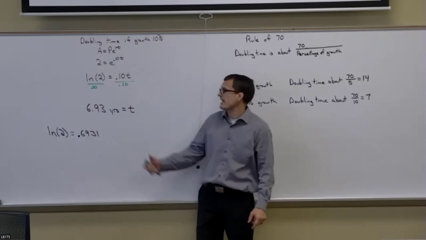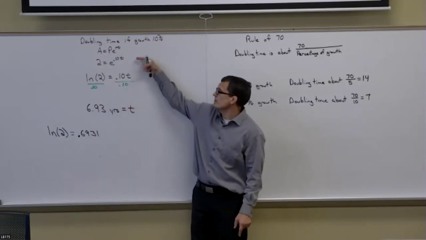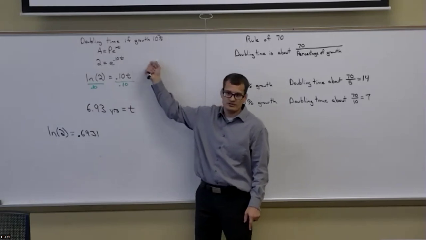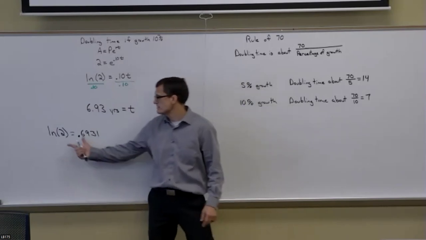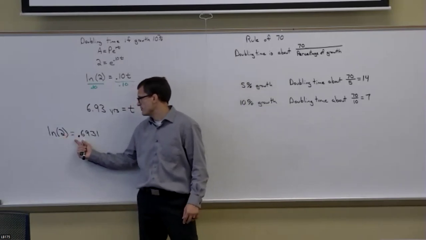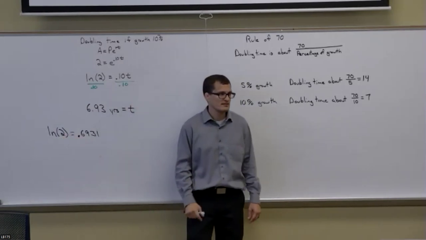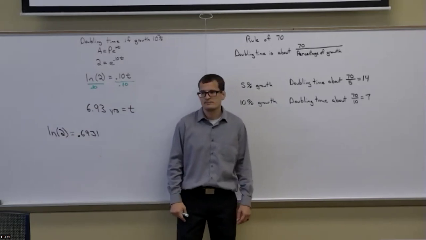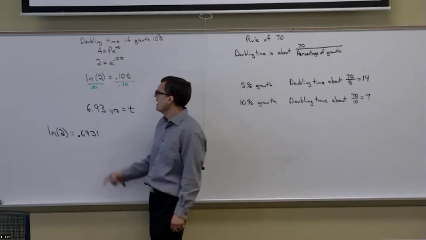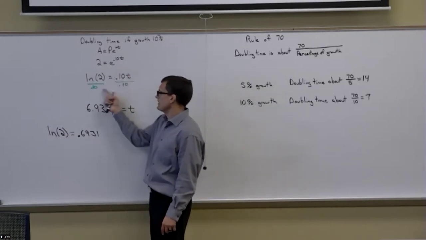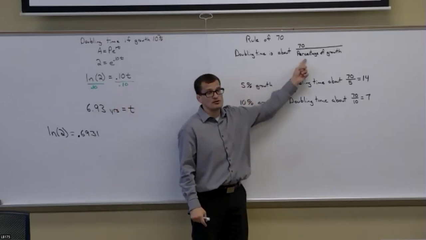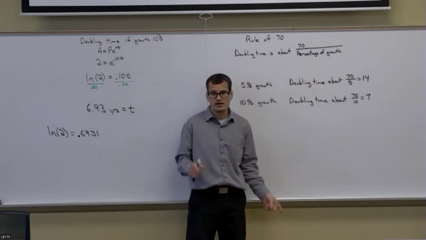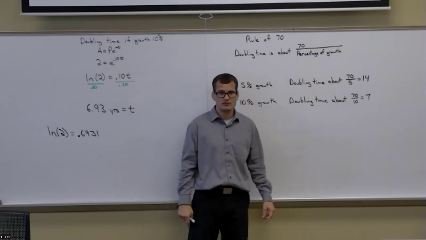If you want more exact, then you solve that exponential equation. And again, it works because natural log of 2 is about 0.7. That's it. Over here, we're dividing by the rate as a decimal. Over here, we're dividing by the rate as a percent. So that's why the movement of 2 decimal spots over.